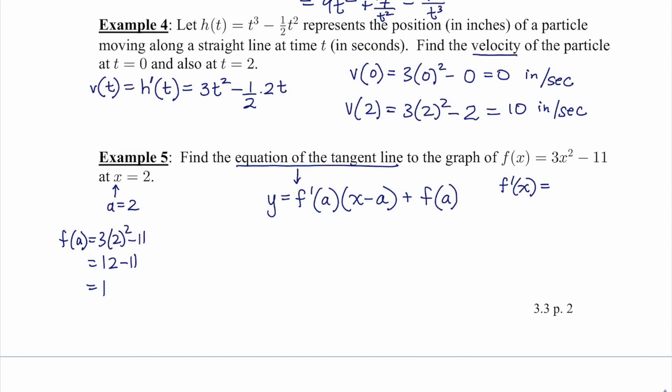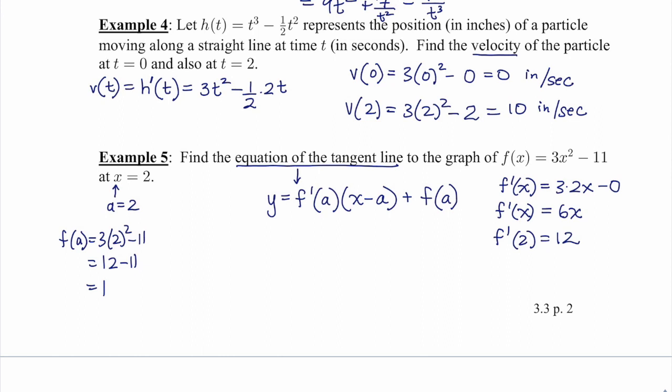So first we want to find the derivative at any point, which looks like it will be 3 times 2x minus 0. So that will make 6x. And that means the derivative at 2 will be 12.